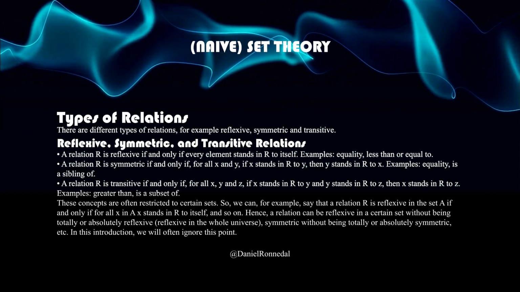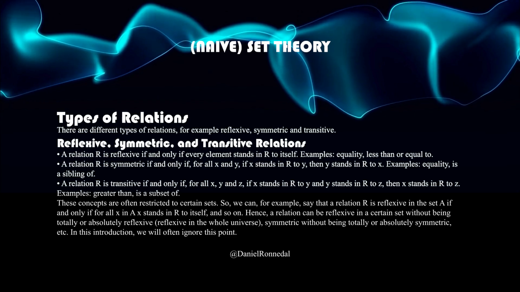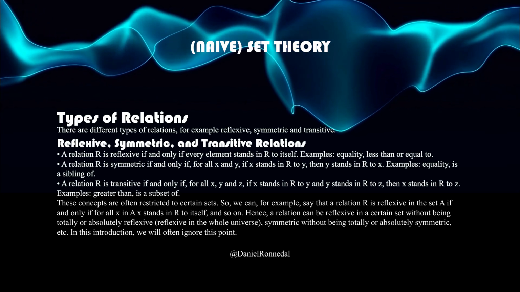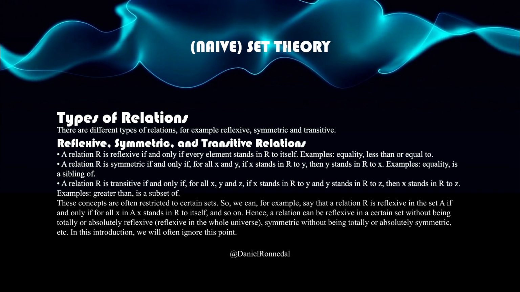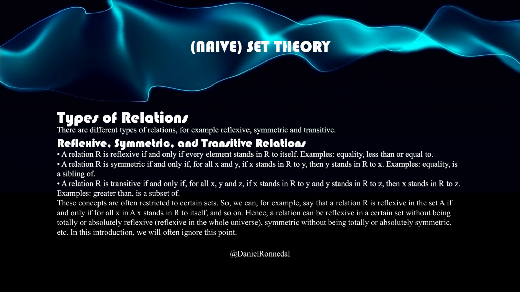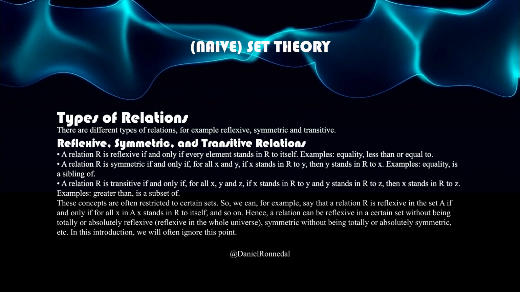Examples: equality, is a sibling of. A relation R is transitive if and only if for all x, y and z, if x stands in R to y and y stands in R to z, then x stands in R to z. Examples: greater than, is a subset of.